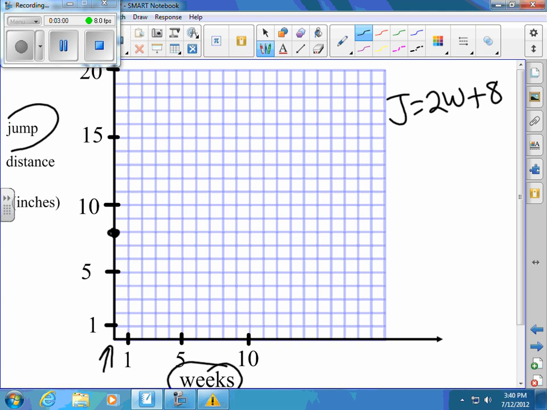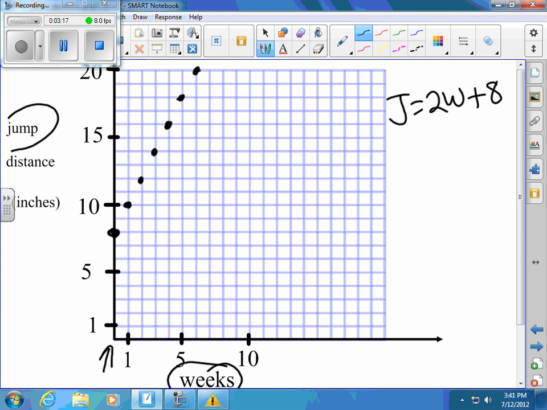Well, after 1 week of practice, I can jump 2 inches further, or 10 inches. And each week I practice, I can jump 2 inches further. Up 2 inches over 1 week, up 2 inches over 1 week.